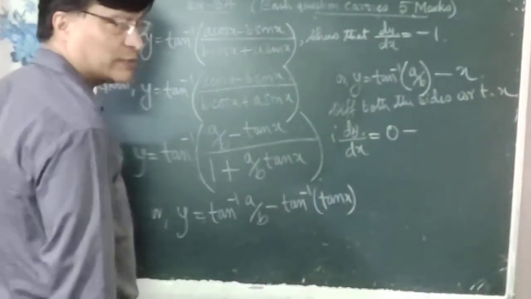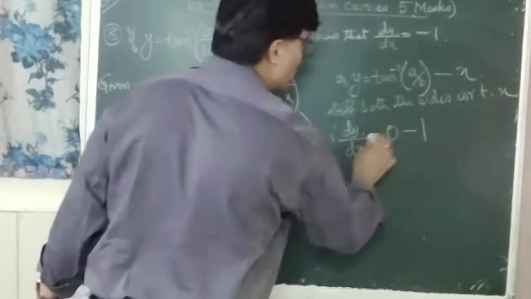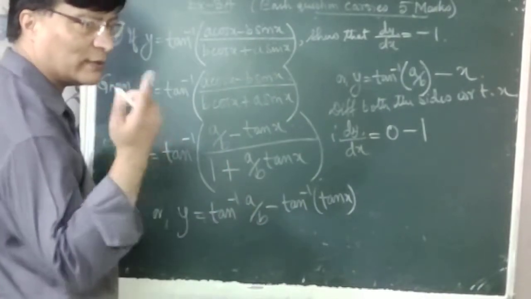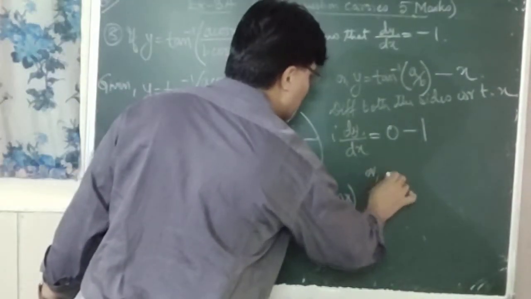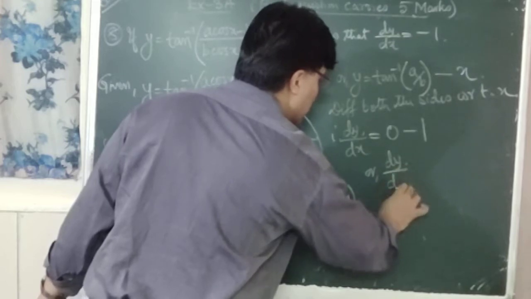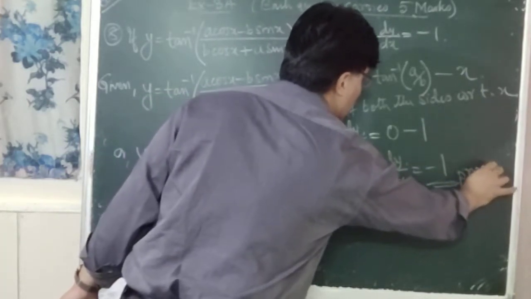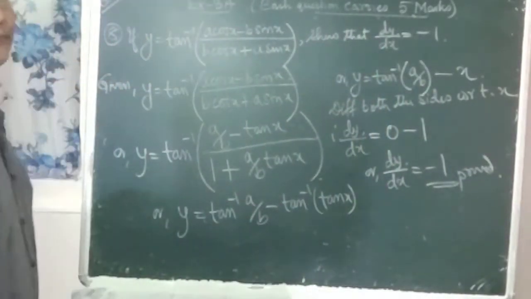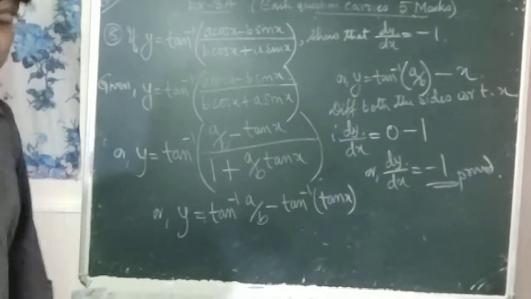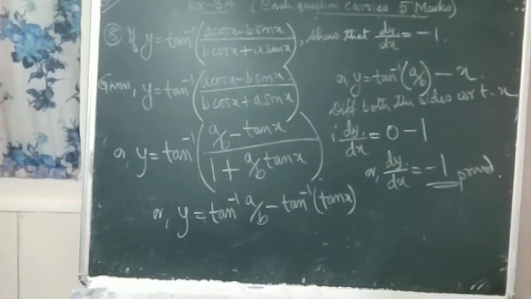And then minus, what is the differentiation of x? That is 1. So what is 0 minus 1? Minus 1. So this is your dy by dx is equal to minus 1. Proved. Understood? So the value for dy by dx is equal to minus 1. Right? So we'll do the next question now.